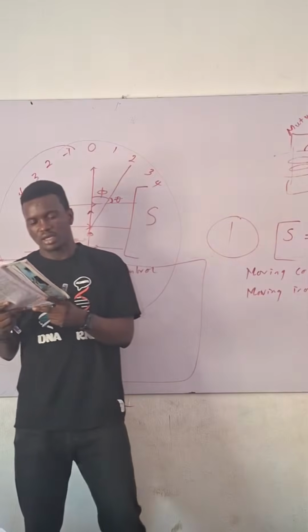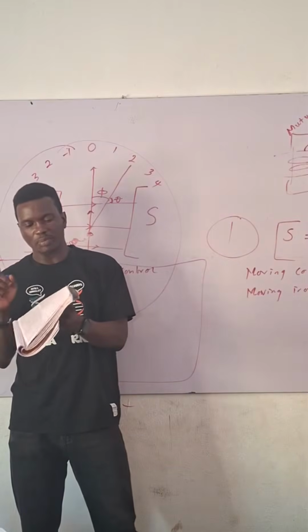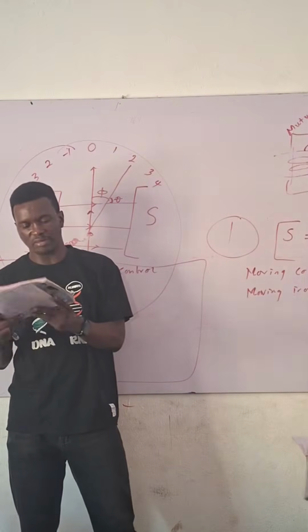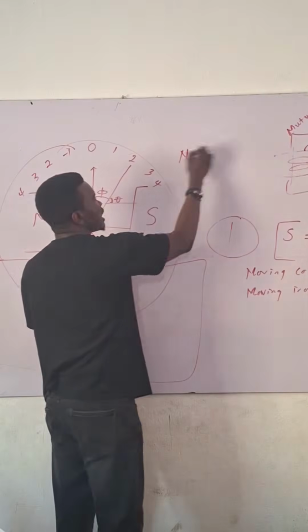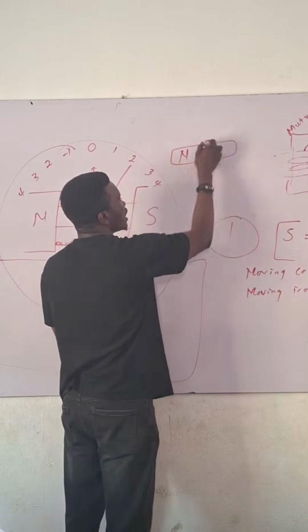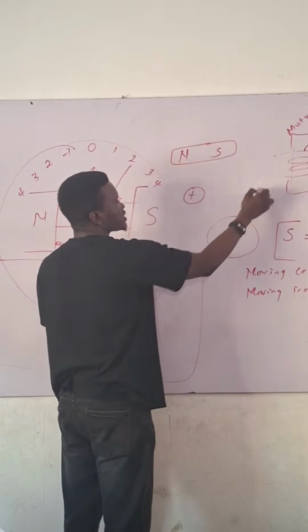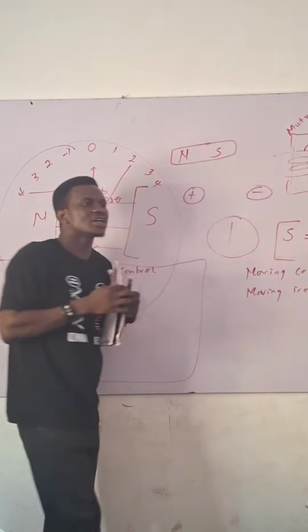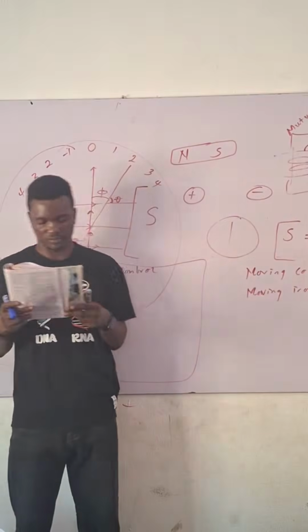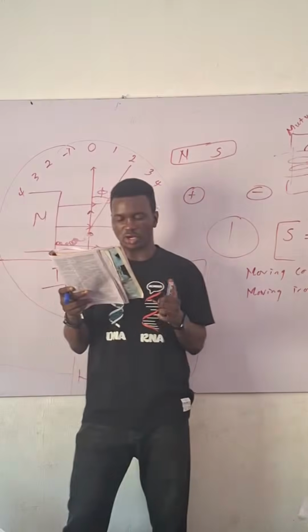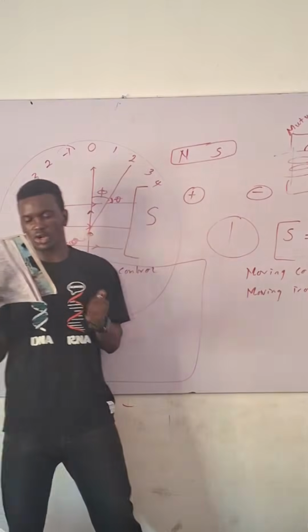Number 8. A magnet is similar to a bipolar charge system in that a magnet has north and south poles, Abby, while a bipolar charge system has positive and negative. So they are now saying that both of them are similar in what way? A, it consists of two opposite poles, the north and south pole.